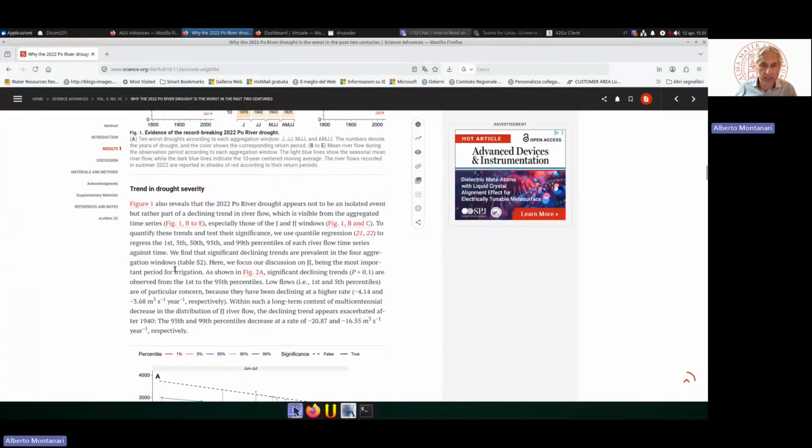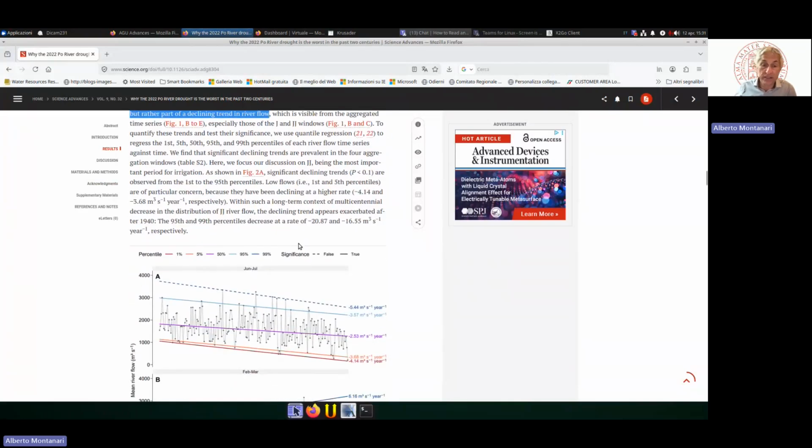And then here there is an explanation of the trend in drought severity. This subsection refers to figure 1, you see, and says, let's read the first sentence, that the 2022 Po River drought appears not to be an isolated event, but rather part of a declining trend in river flow.